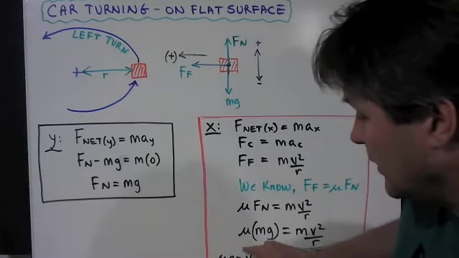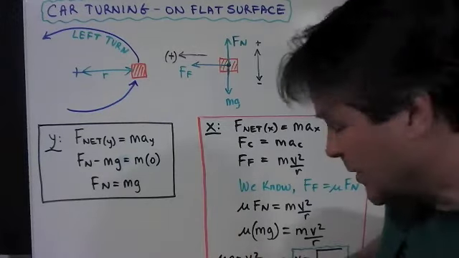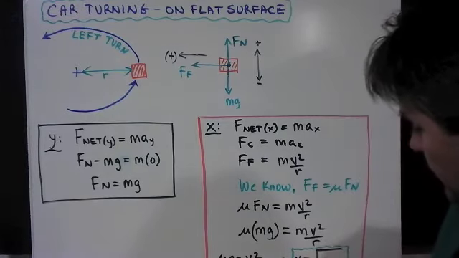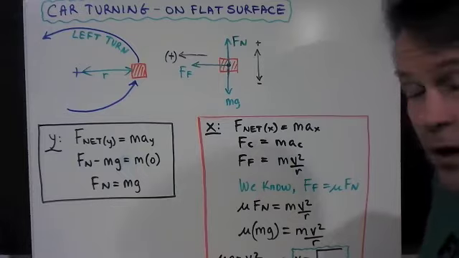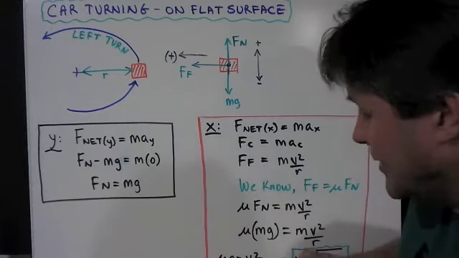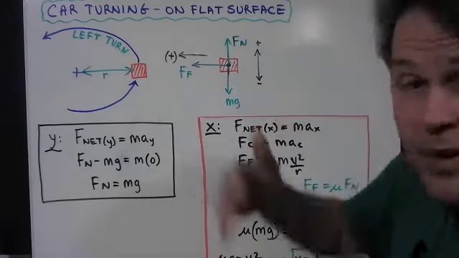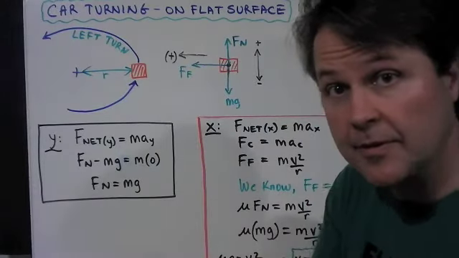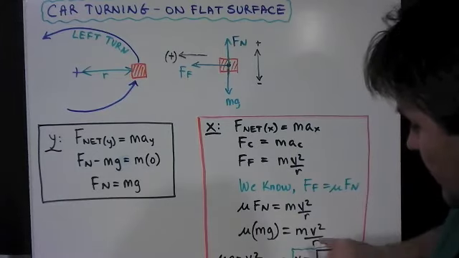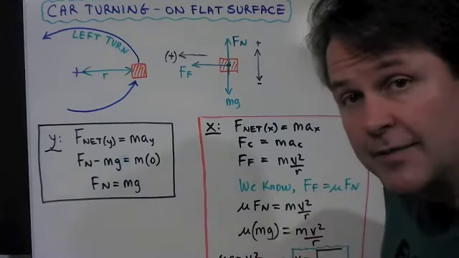We can leave the statement like that, but I'm going to rearrange this in terms of v. So v is equal to the square root of mu r g. And that answers the question, how fast can you travel without skidding out? This equation right here will tell us that. We see that it doesn't matter how massive the car is.